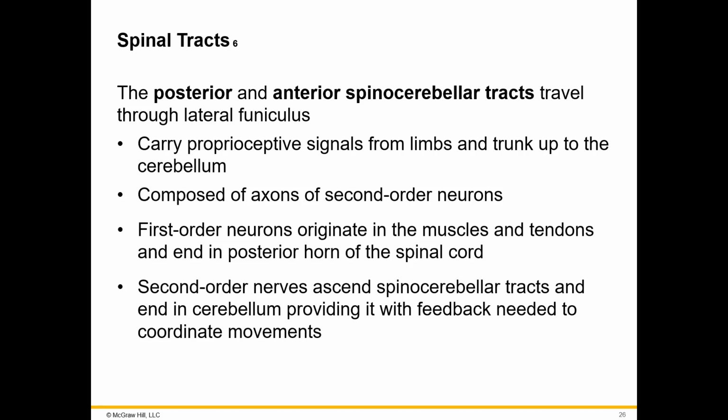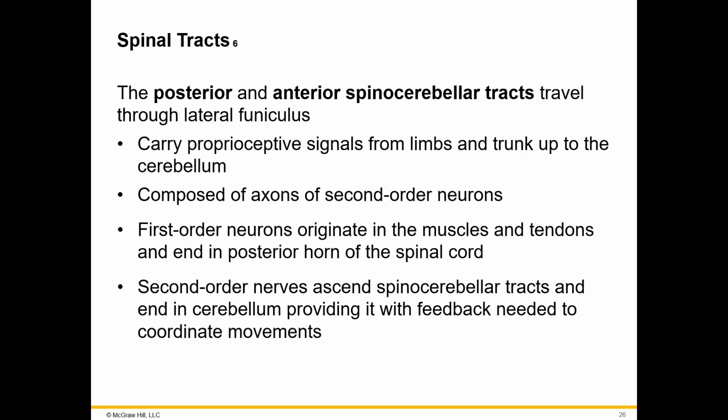They are composed of axons of second order neurons. The first order neurons originate in the muscles and the tendons, and they end in the posterior horn of the spinal cord.